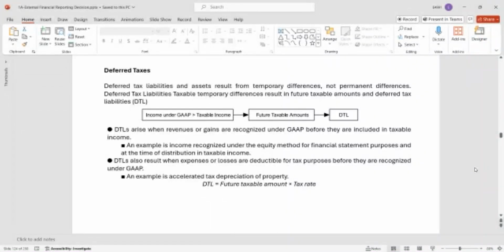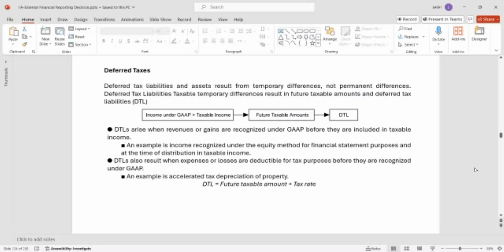Deferred tax liabilities arise when revenues or gains are recognized under GAAP before they are included in taxable income. An example is income recognized under the equity method for financial statement purposes and at the time of distribution in taxable income.